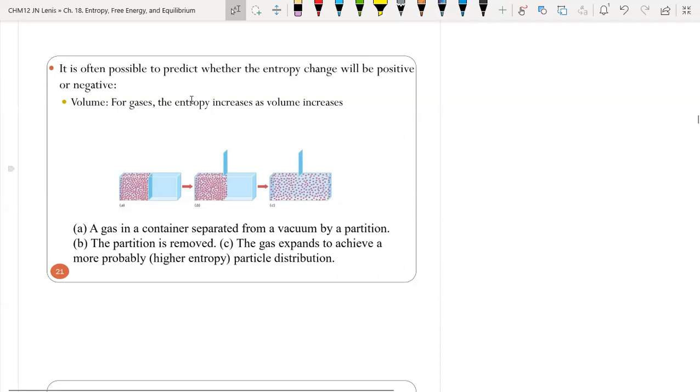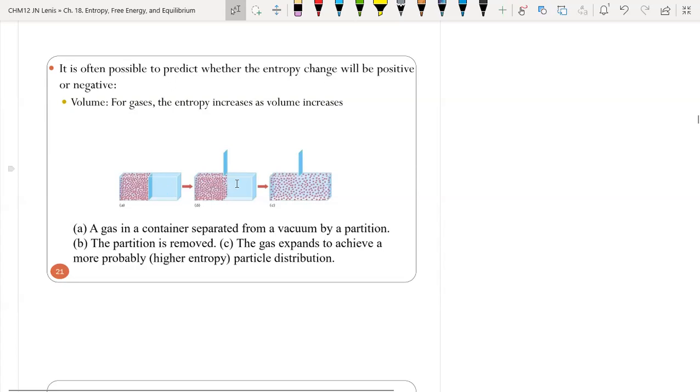For gases, the entropy increases as volume increases. We have a gas in this volume, and when we increase the volume and you open the door, what's happening naturally, spontaneously?